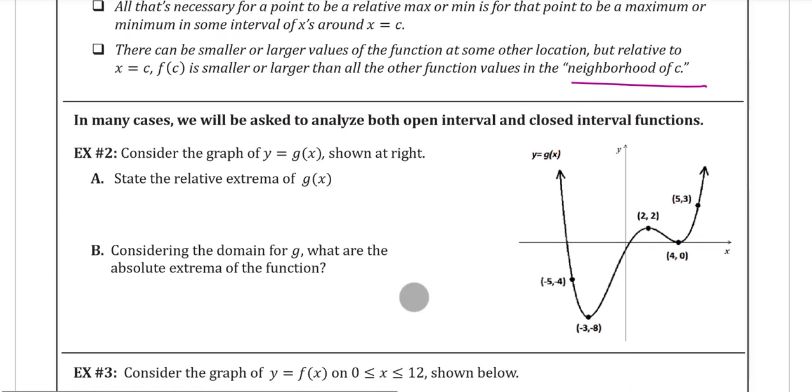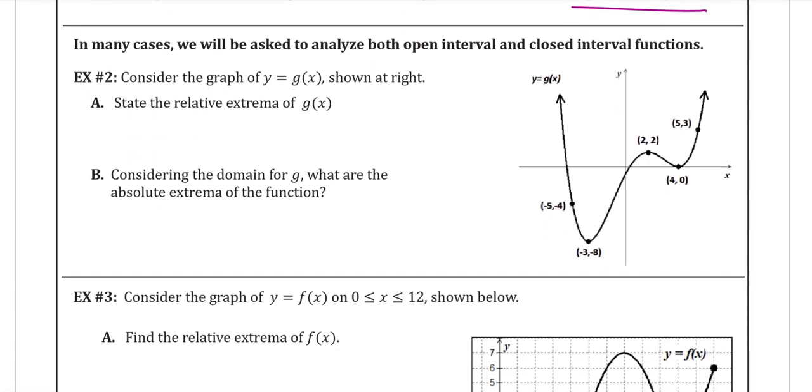Okay, so doing a couple of examples now. In many cases, we will be asked to analyze both open interval and closed interval functions. So example 2 says, consider the graph of y equals g of x shown at right. If you can see, this graph has all real numbers as its domain, so it is going to be an open interval analysis.